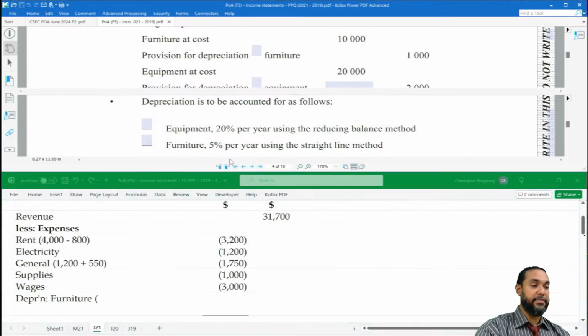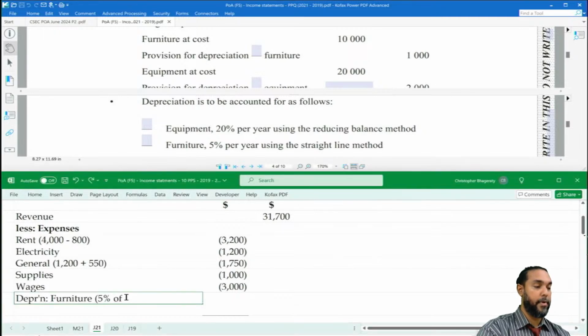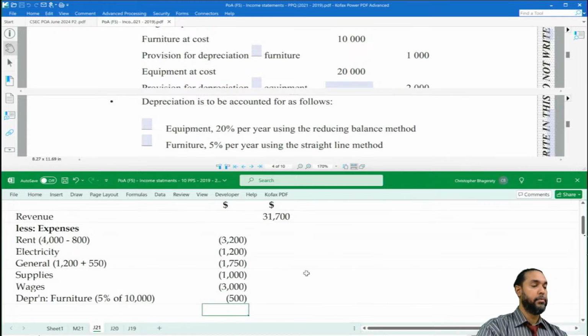So you're simply going to find 5% of $10,000. So it wasn't a big amount, just 500.